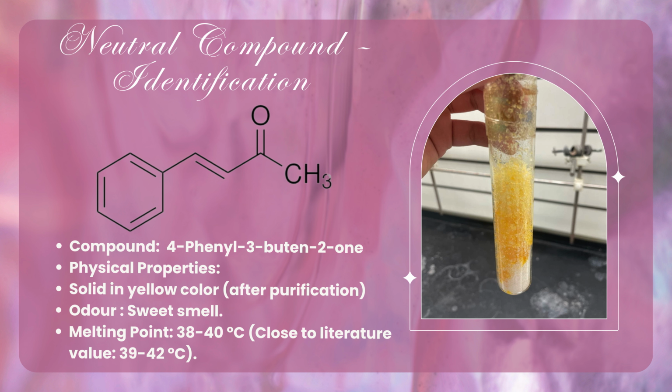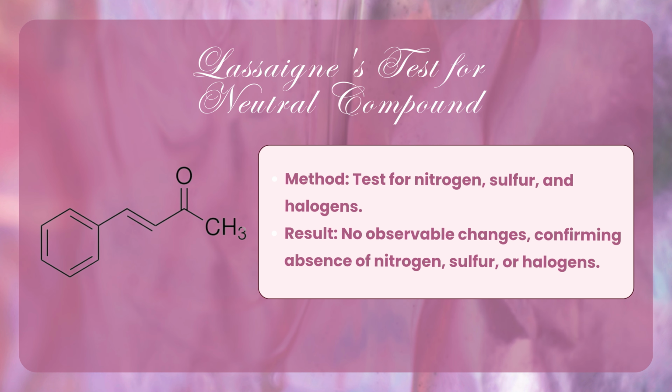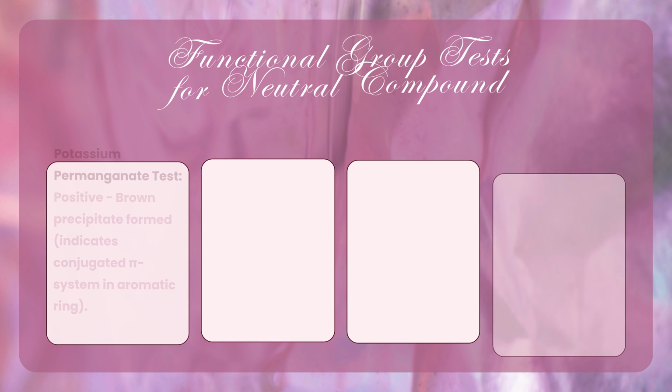And just like the acidic compound, I performed a Lassaigne test on the neutral compound to check for the presence of heteroatoms like nitrogen, sulfur, or halogens. And same as the acidic, the results were all negative, confirming that the neutral compound did not contain any of these elements.